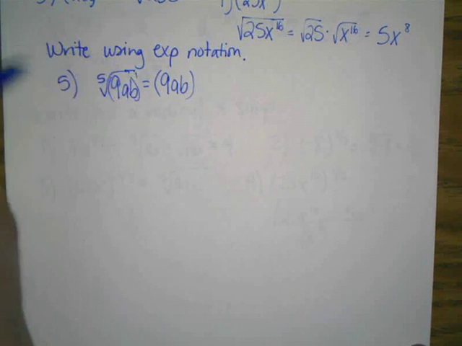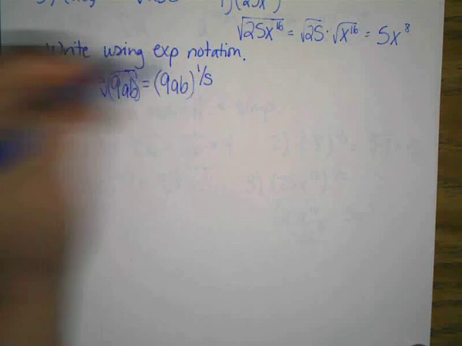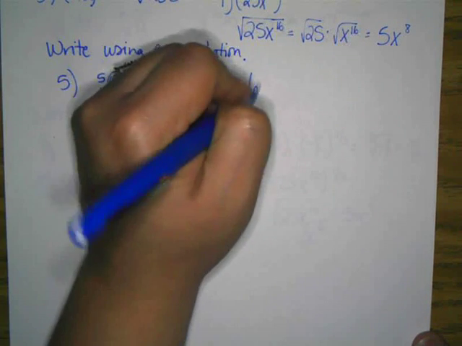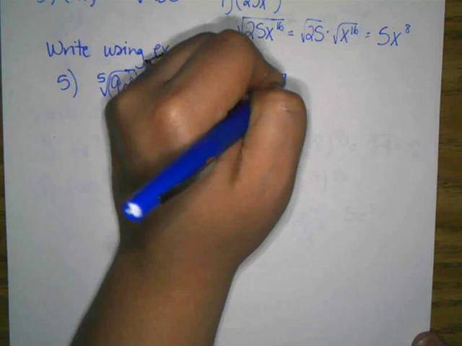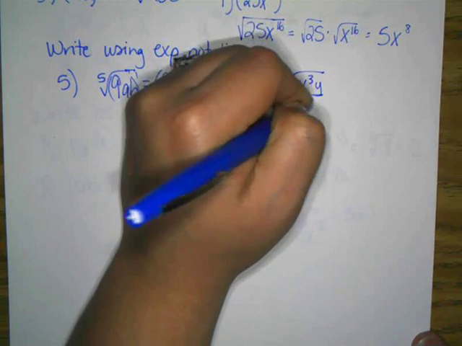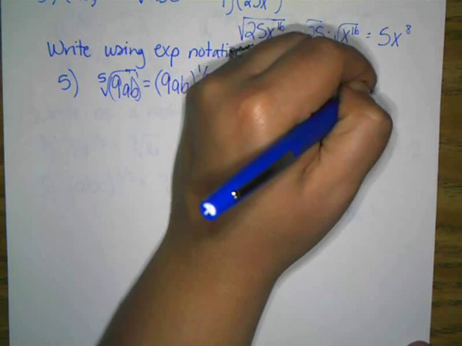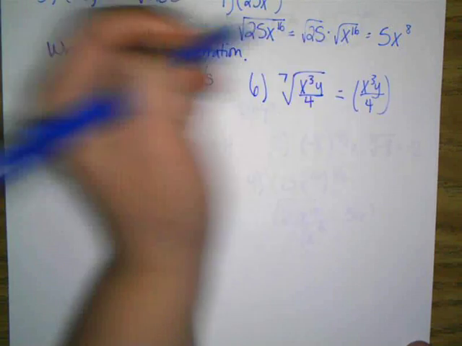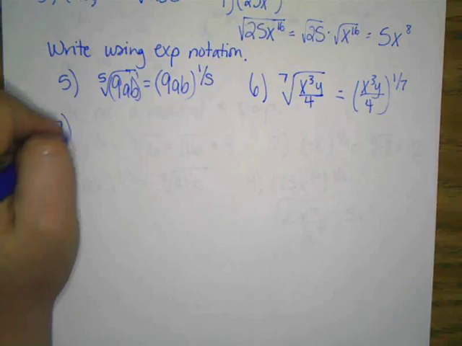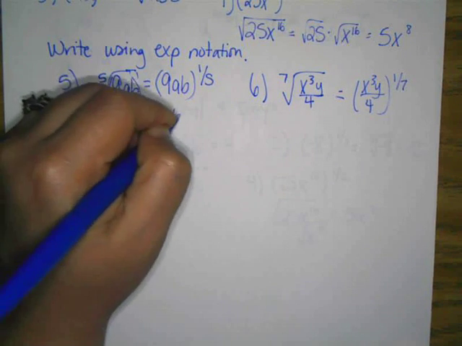This is raised to the 1st power, so a 1 is our numerator and a 5 is our denominator. So it's 9ab all to the 1/5 power. Number 6, 7th root of x cubed y all over 4. So we have this whole x cubed y over 4 all to the 1/7 power.